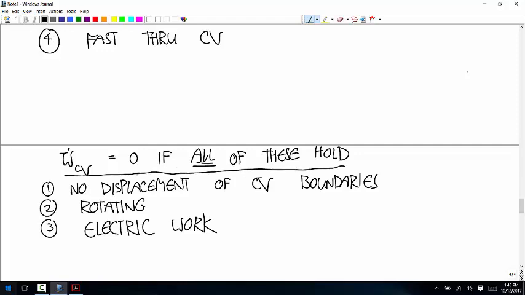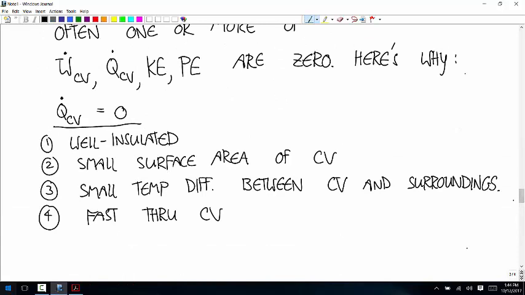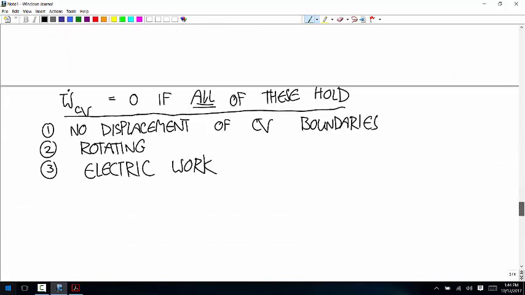So if the boundary is rigid and there's no motor running a rotating shaft and there's no electric work done, then W dot is 0. And I just want to make a distinction between that and this one up here, where Q dot is 0 if any of these hold.